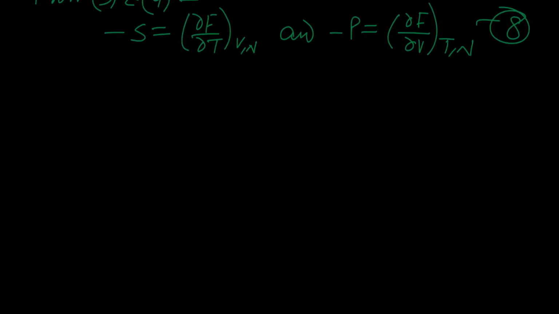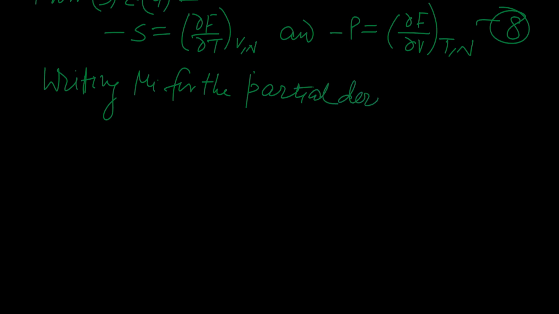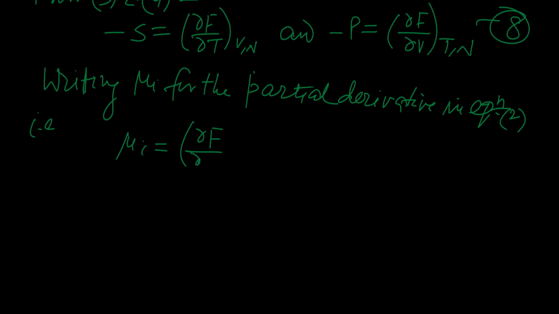So writing mu i for the partial derivative in equation 2, that is, mu i is equal to del F by del ni at constant T, V, nj.